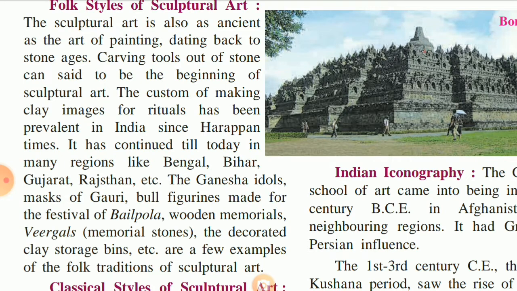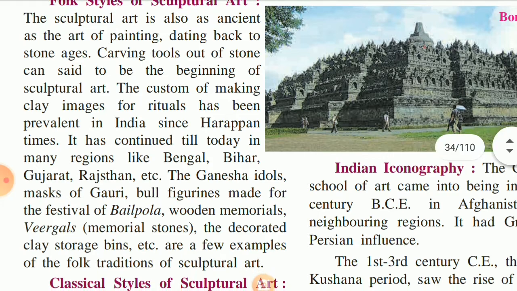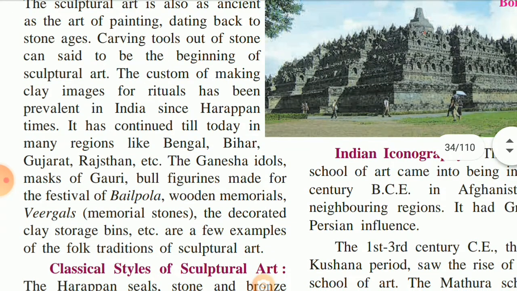The Ganesha idols, masks of Gauri, bull figurines made for the festival of Bail Pola, wooden memorials, and virgals, that is memorial stones. A memorial stone is a stone put on the grave with a person's name, when he was born and when he died.